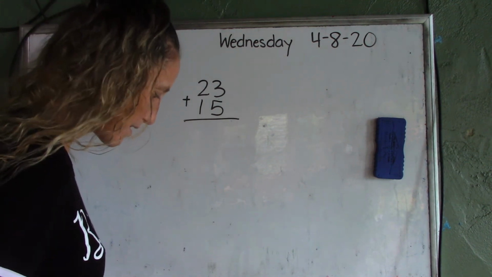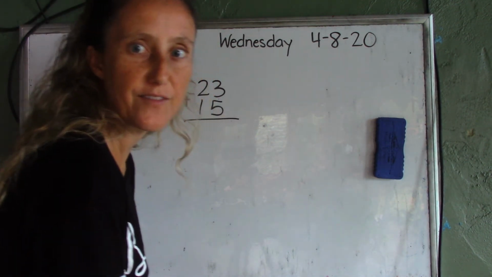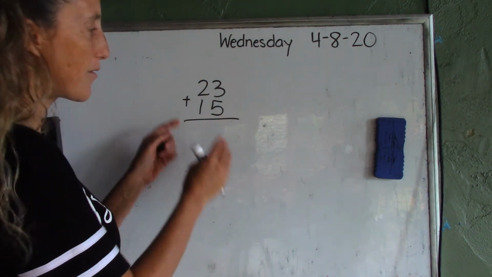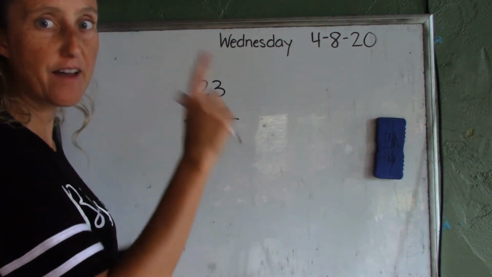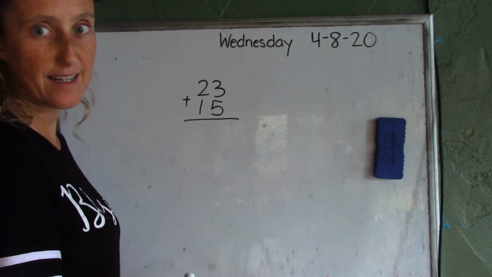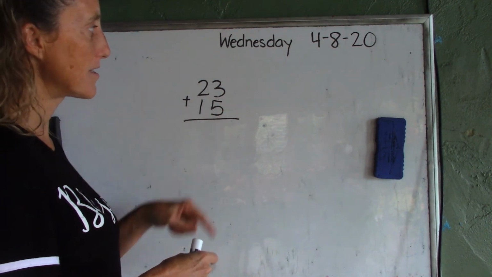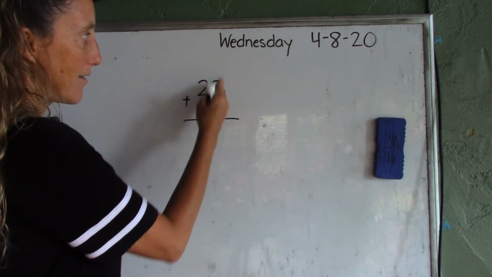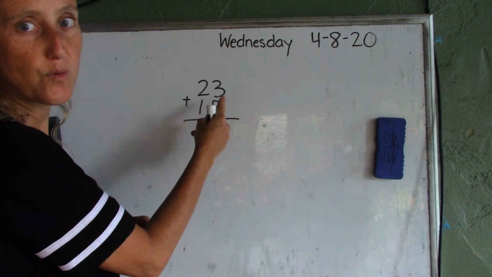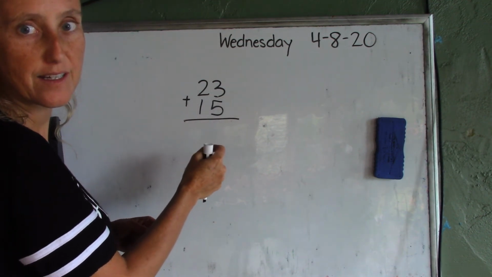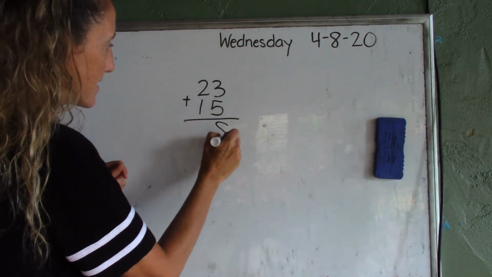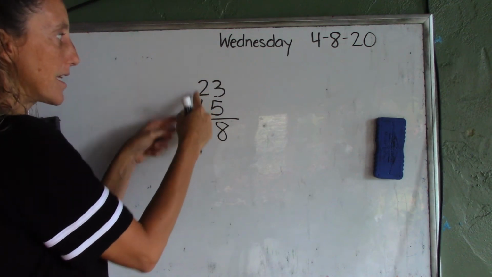Let's add these together. Remember, you always start on the right side. So 3 plus 5 is on the right, and you add down, vertically. So what's 3 plus 5? 8, you're right, 8. And then we add vertically on this side.